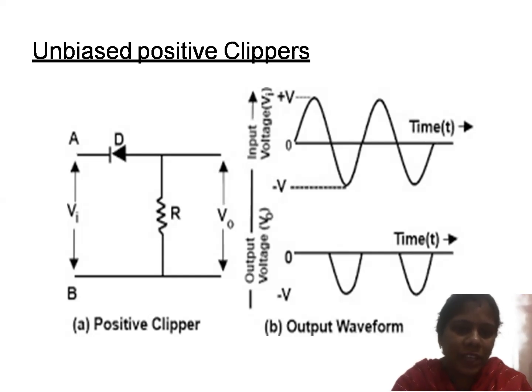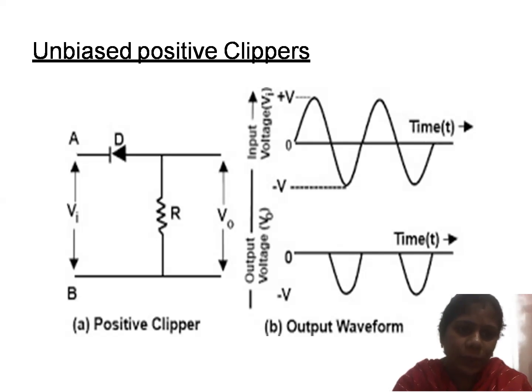The input signal we are applying is a sinusoidal signal having the polarities plus V as the maximum voltage of the positive cycle, and minus V as the maximum voltage of the negative cycle. If we apply the positive cycle to the cathode terminal of the diode, the cathode terminal of the diode D is applied with positive polarity, and the anode terminal is at 0 voltage.